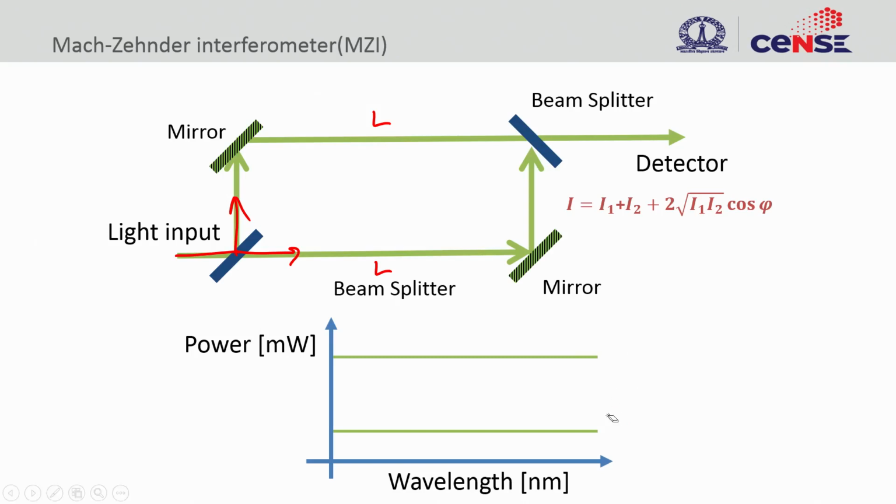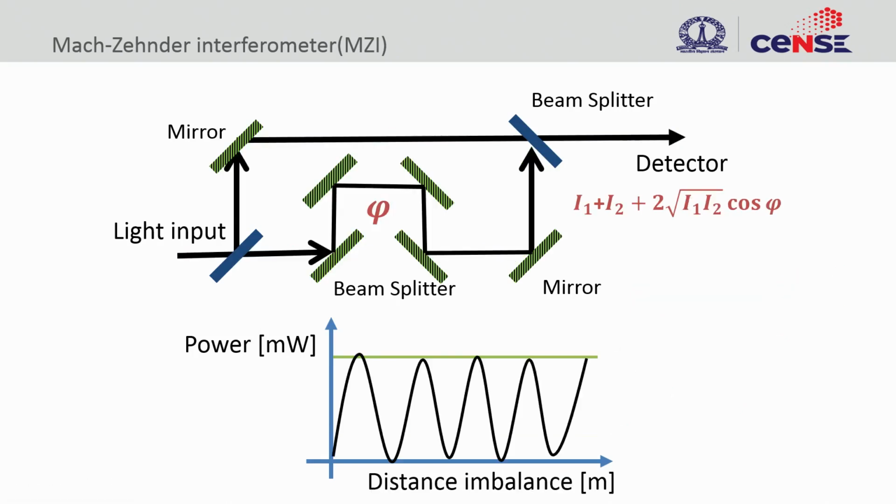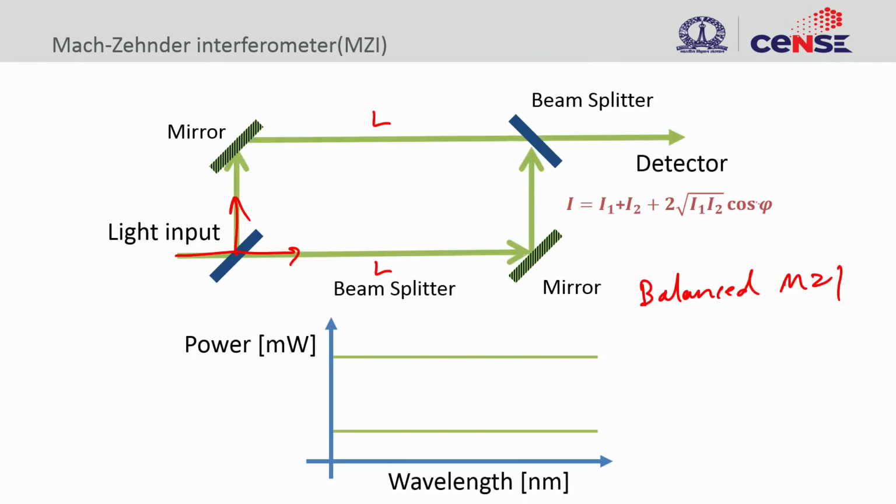So this is what we call a balanced Mach-Zehnder interferometer. By the way, this phi here is 0, so this term goes to 0, because there is no phase difference at all.